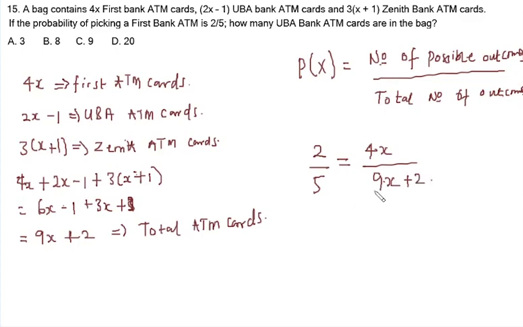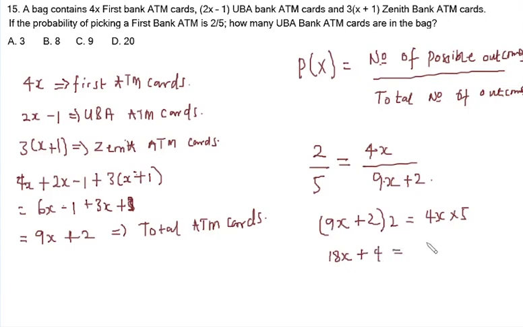So to find the value of x from this equation, we can cross multiply, and then we have 5 times (9x + 2) from bracket 2 is equal to 4x times 5. Expanding this bracket, 2 times 9 is 18x plus 2 times 2 is 4.